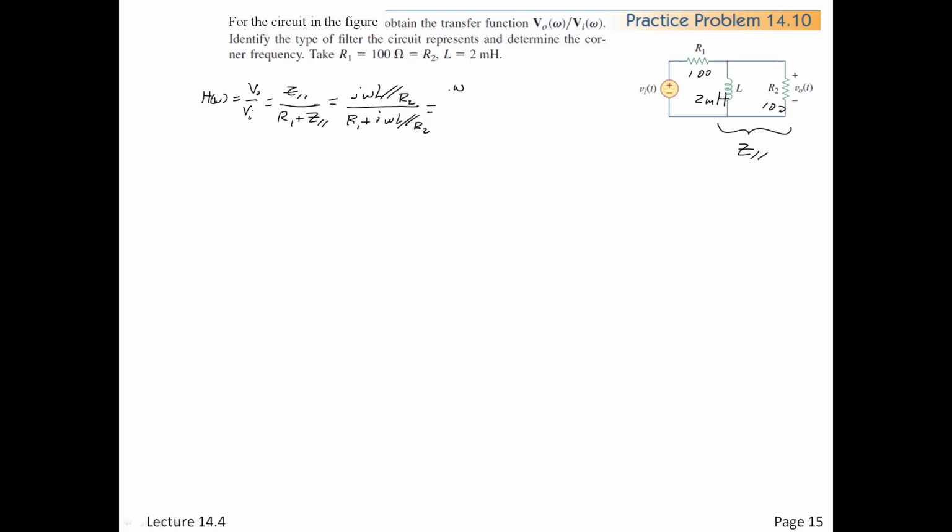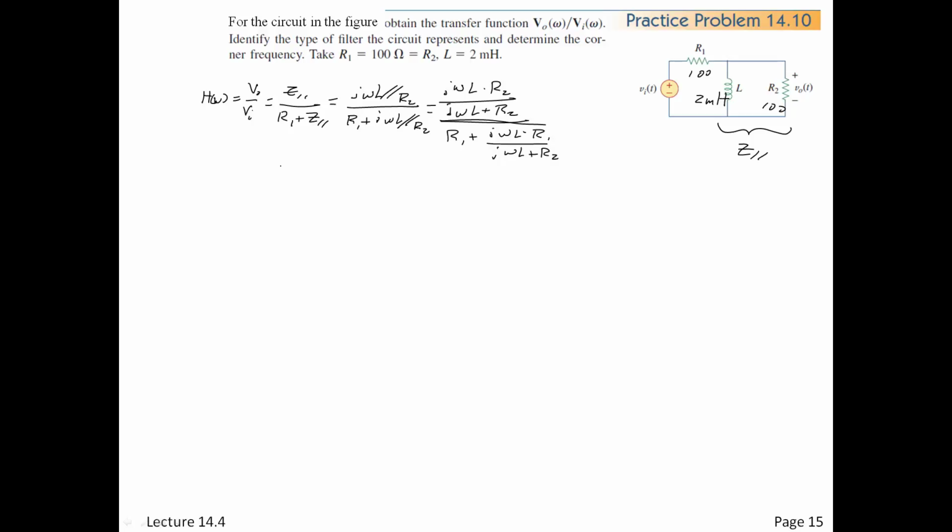It'll get a little messy here for a while. j omega L times R2 over the sum j omega L plus R2, all over our R1 plus this whole thing again, j omega L R1 over j omega L plus R2. Okay, so now it's just, grind this around and hope we don't make any mistakes in the process.